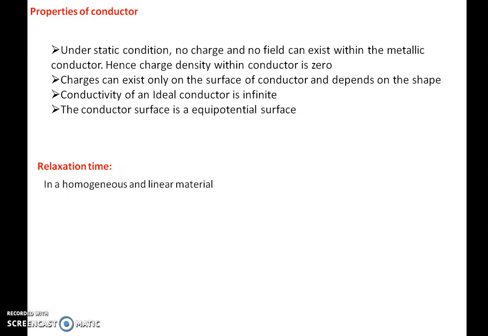So relaxation time depends on the charge density. In a homogeneous and linear material, the volume charge density is given by rho equals rho naught e to the power minus t by tau, where tau is epsilon by sigma.